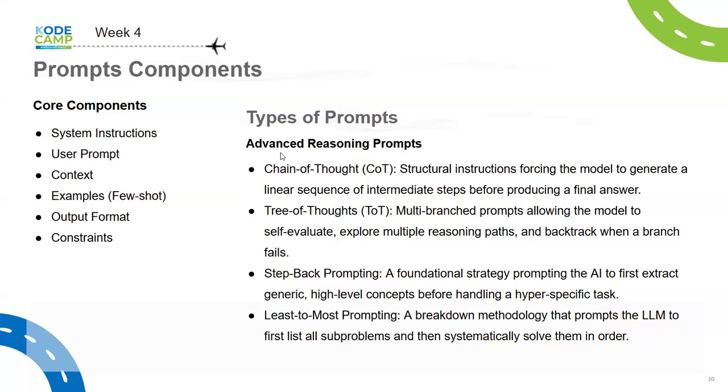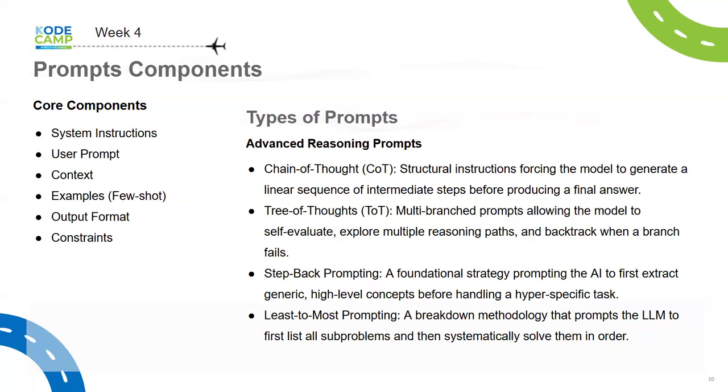Advanced reasoning prompts are prompts that help, this is in an agentic context, the large language model, the agent, to figure out how to reason about the request or prompt that you have made to it.